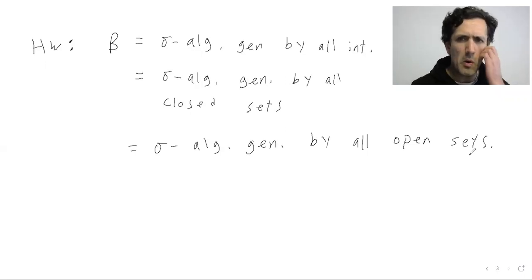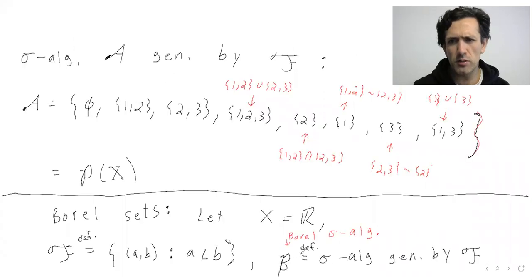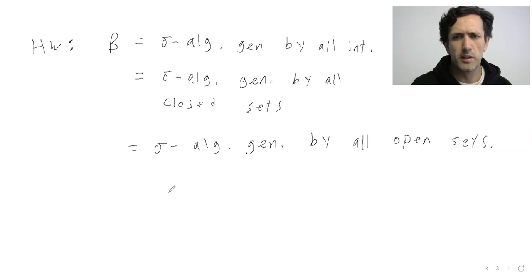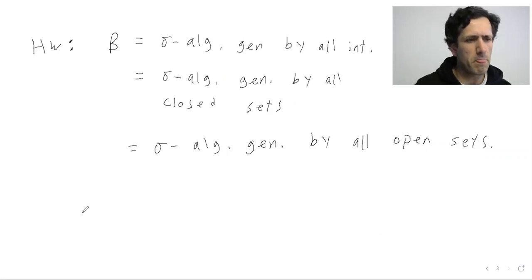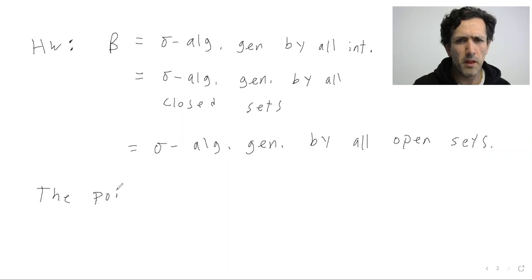Right. So at this point it's good to explain what the point is and why this is a useful collection of subsets of the real line. The point is as follows.